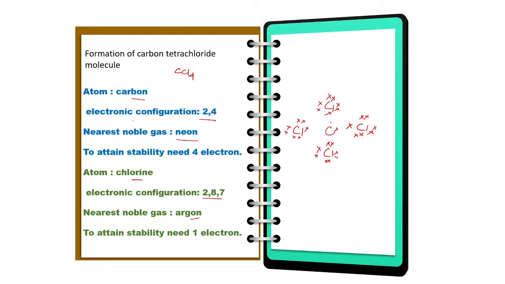Place 4 electrons on carbon and form a single electron pair between carbon and each chlorine atom in order that each will have its octet. We will form 4 single covalent bonds and result in the formation of CCl4. So we have discussed various examples of covalent compounds. So today I will be stopping here. Thank you.